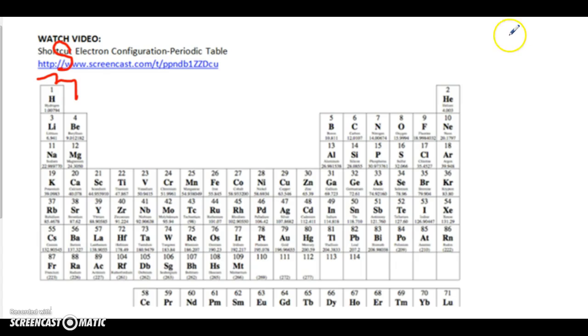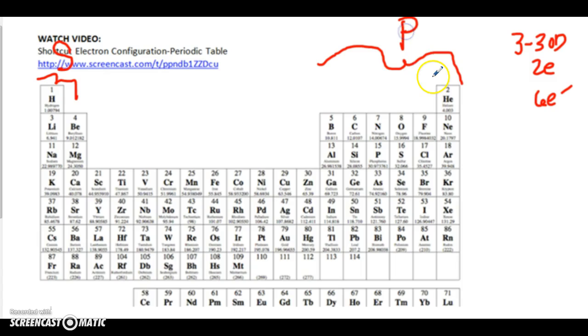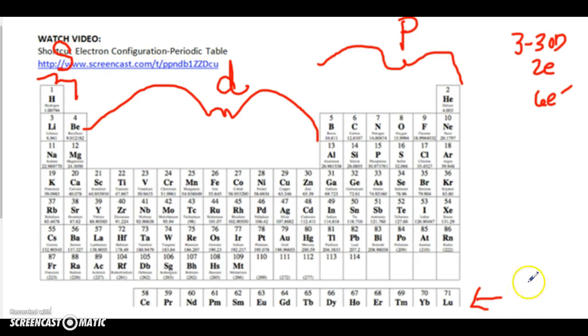P has 3 orbitals, each can hold 2 electrons, so 6 electrons total. Here is our P sublevel. D has 5 orbitals, 2 each, 10 electrons total. And then F's have 7, and they can hold 14.